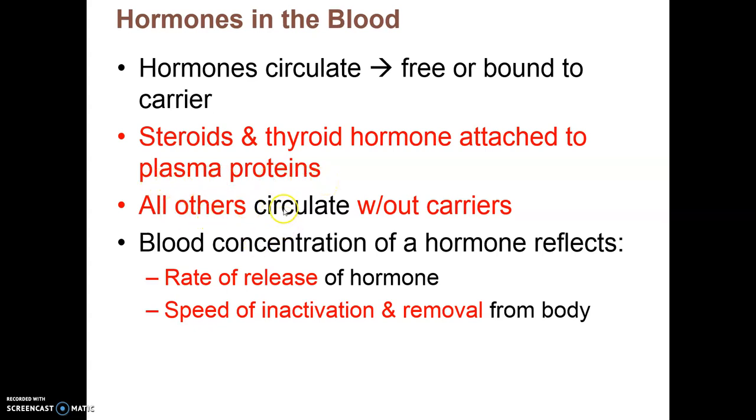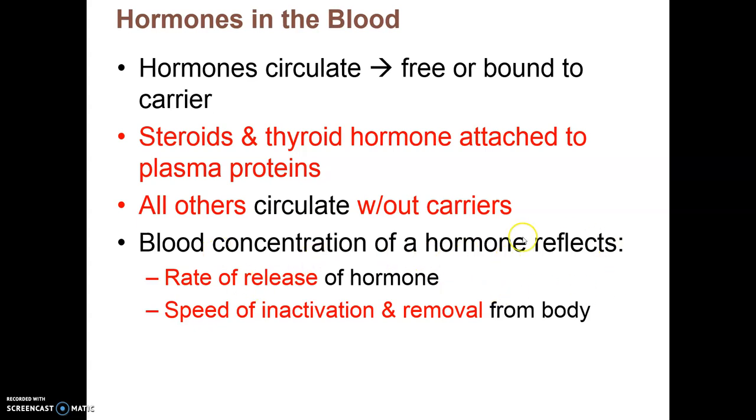The other hormones circulate freely in the blood. The ones which circulate freely are removed quickly from the blood. The steroid and thyroid hormones attached to plasma proteins stay longer in the blood.